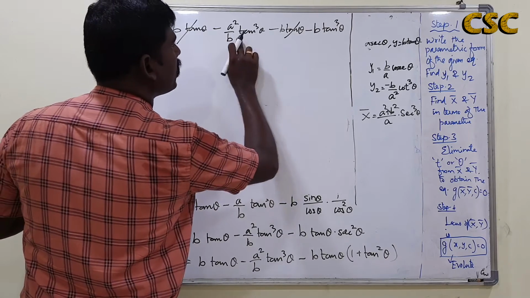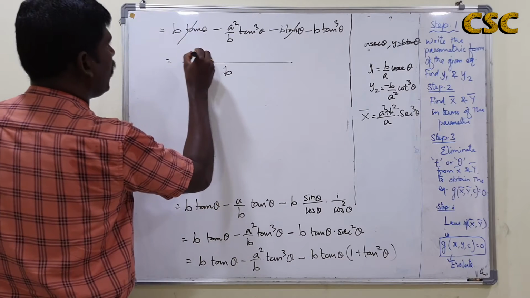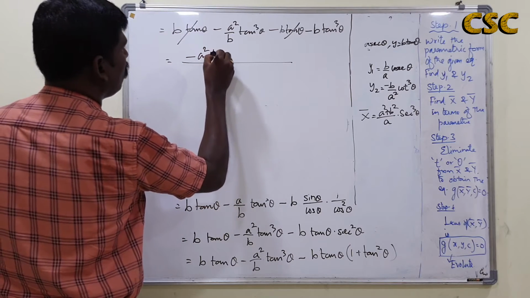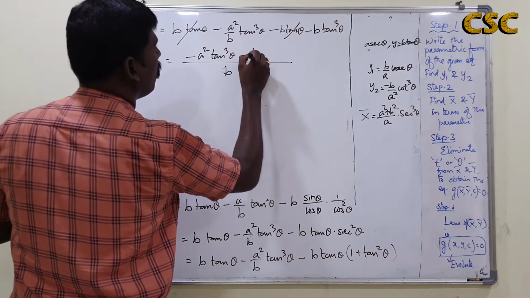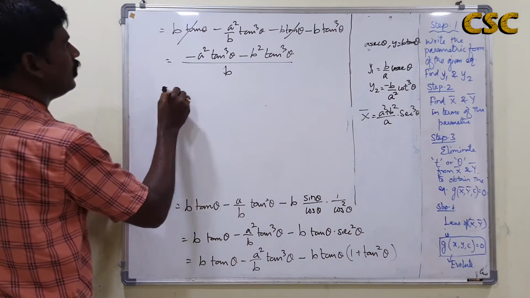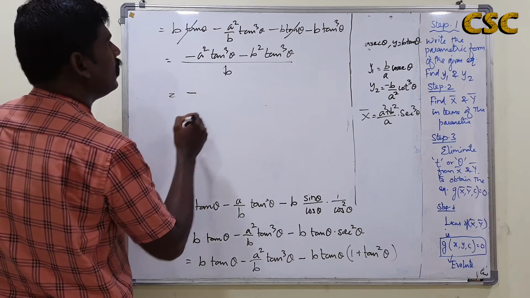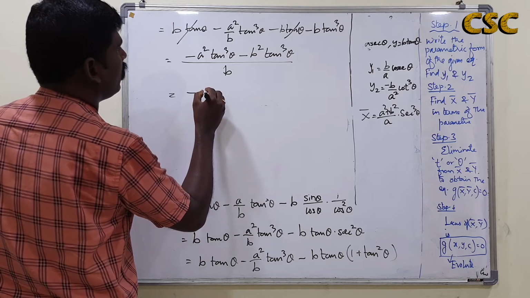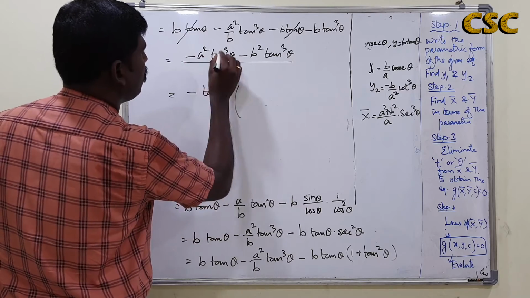I am taking b as LCM between these two terms. So minus a square tan cube theta minus b square into tan cube theta. Right? Isn't it? That is equal to, here also I am taking minus as common and tan cube theta is also common. So what is remaining?